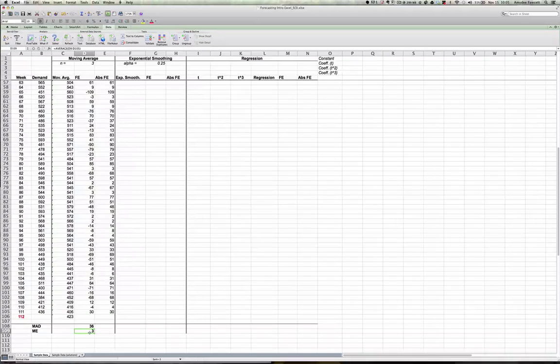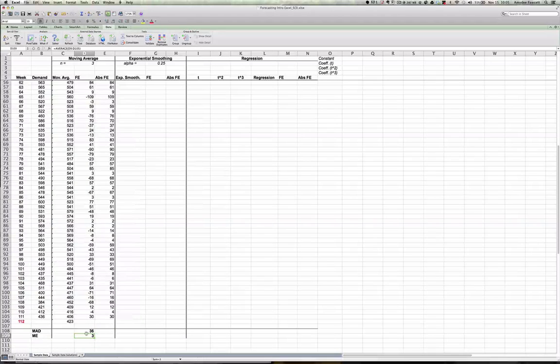So in other words, if I have a forecast error that is positive, it means that I underpredict demand. Likewise, if I get a mean error that is positive, it tells me that on average I tend to underpredict, or in other words, my forecasts are negatively biased. Again, this would mean that my forecasts tend to be lower than actual demand. So, whereas the mean absolute deviation tells me something about the magnitude of my forecast errors, the mean error tells me about the systematic bias in my forecasts. So it tells me two different things.